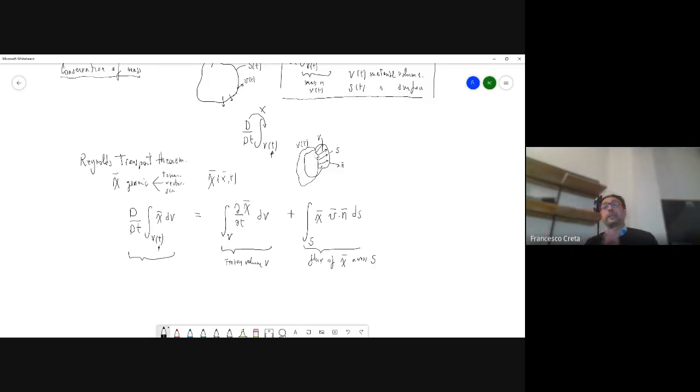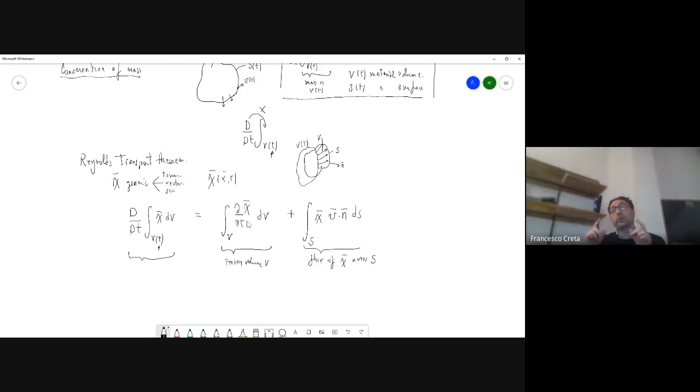So clearly, what this means essentially is that when you're following the rate of change of a certain quantity extended to a material volume which moves, clearly this cannot be equal to the Eulerian part only, because if we take a snapshot and fix the volume, the material volume is still going to be moving.